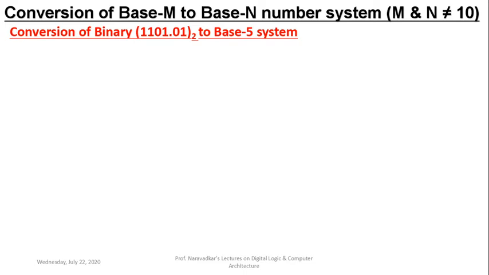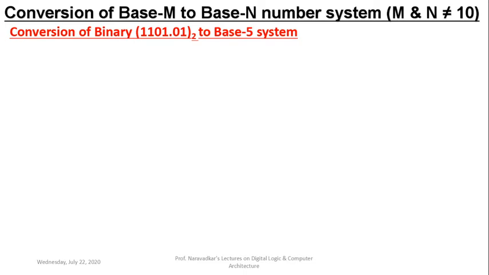Now apart from that, I want to convert the numbers of any arbitrary basis. So here is an example, conversion of the binary number 1101.01, binary to base 5 number system.